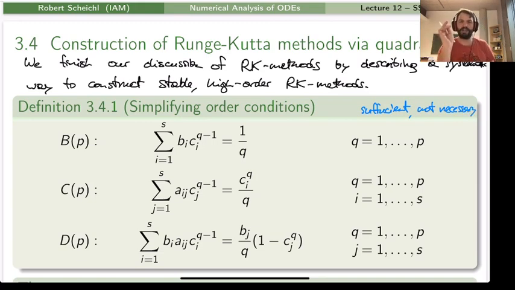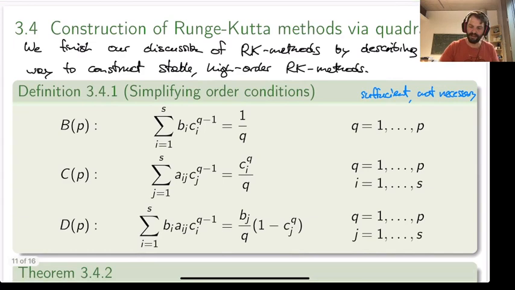But they are actually much easier to work with, and we're going to use those conditions, or rather prove first of all that under these conditions certain order conditions are satisfied, or the other more complex order conditions are satisfied, and then use them to design methods on the basis of these simplified conditions.